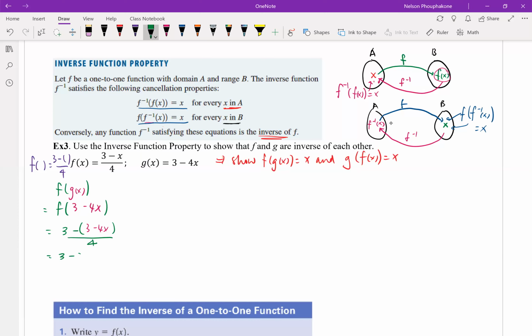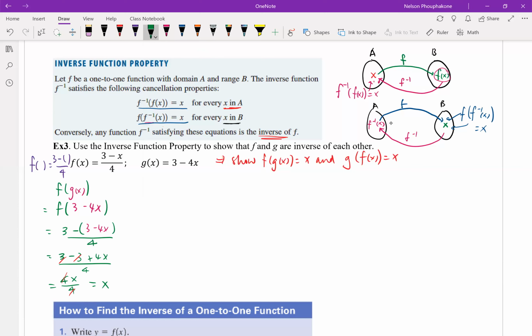I have 3 minus 3 plus 4x over 4. We notice that the 3 and 3 cancel, so I will have 4x over 4, which is x. I just showed that f of g of x equals x.